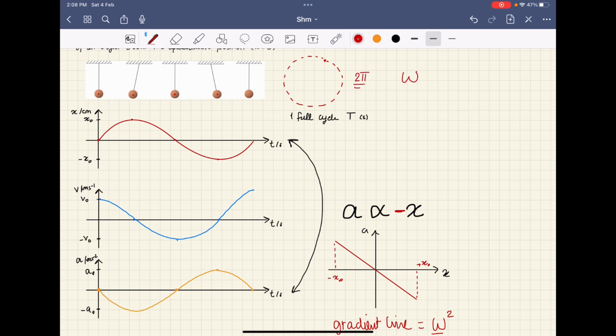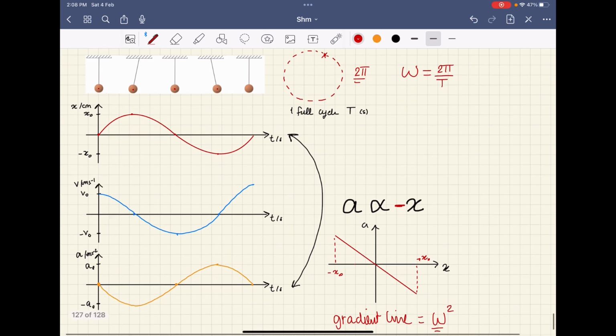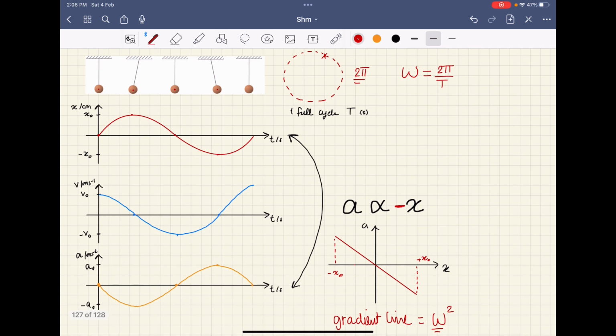So omega, the angular velocity, is equal to the displacement, which is 2 pi, of the pendulum, divided by the time, which is 1 full period T. And this is exactly what your gradient line will give you. It will give you the square of this omega relationship.